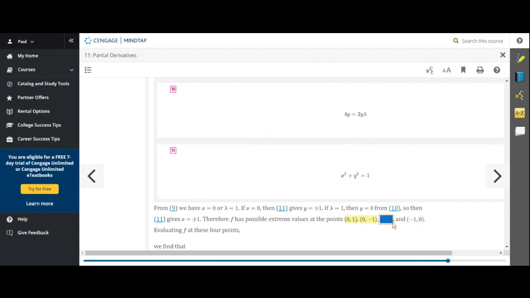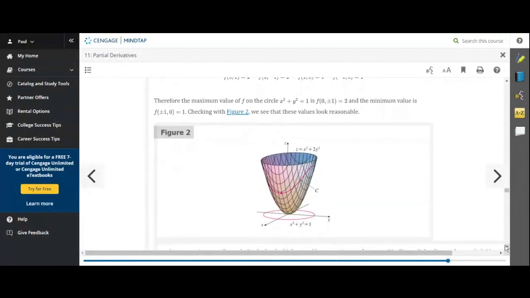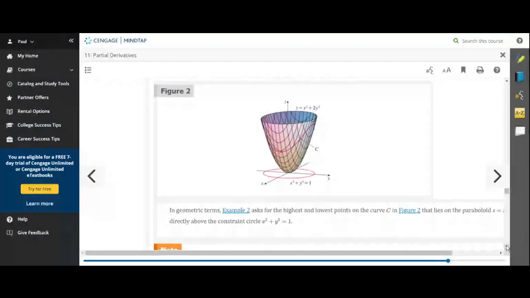this particular function. In other words, if we look at a little picture here, here's the surface z equals f of x, y equals x squared plus y squared. This is example 2 we're looking at, and they draw a circle, x squared plus y squared equals 1.